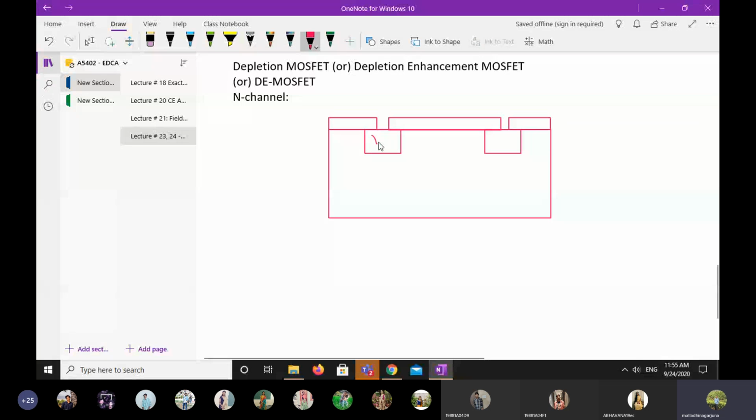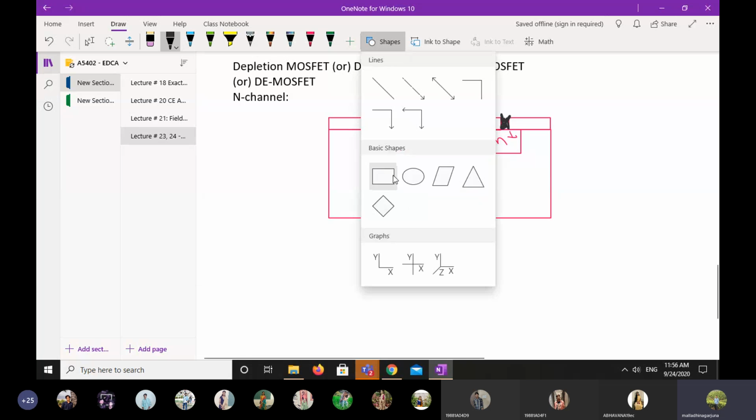So N plus region, this is the P substrate. This is metal to take the leads out, and this is also metal.